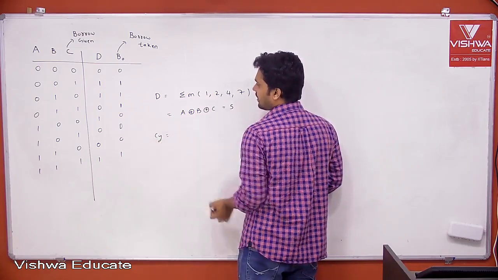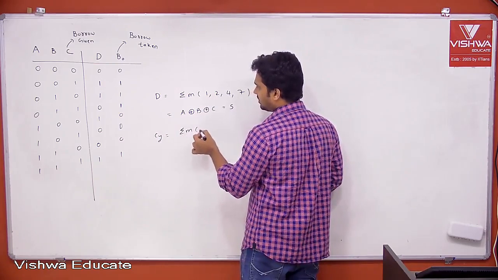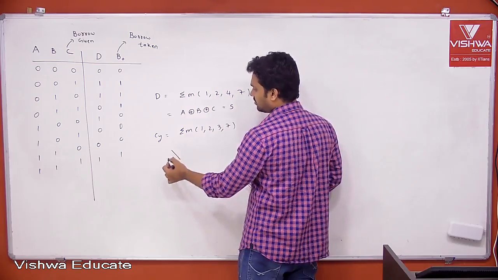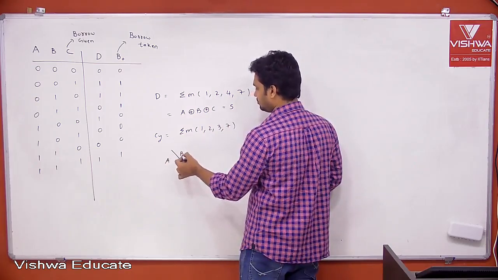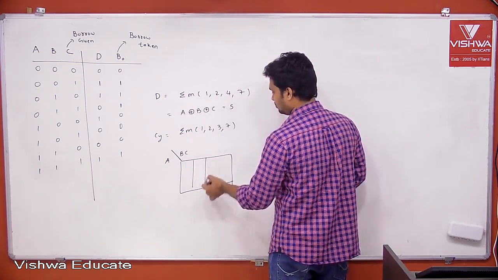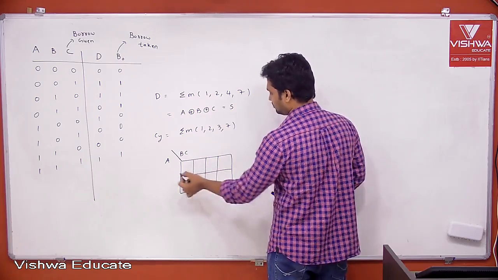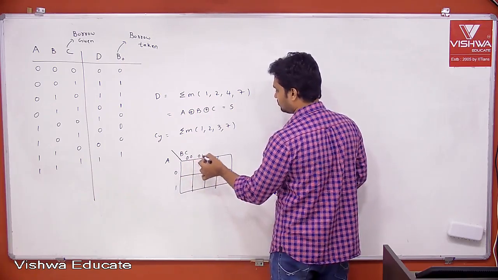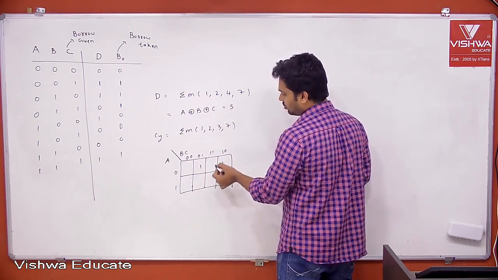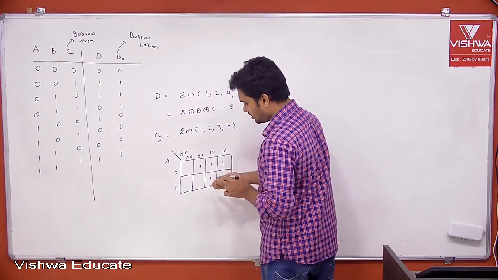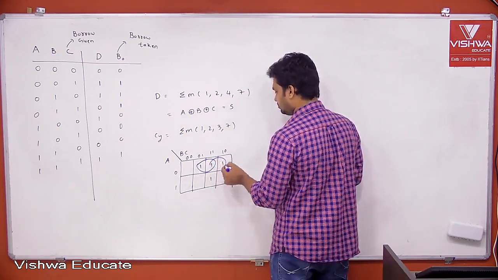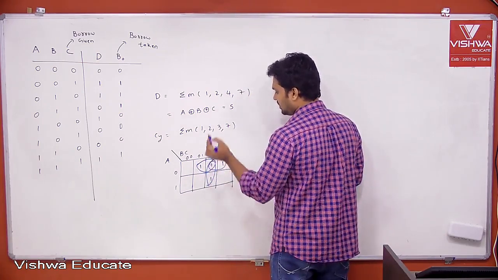Borrow is the sum of the min terms 1, 2, 3, 7. Let us make a K-map. Sum of the min terms 1, 2, 3, 7. Now see here. You can make 3 pairs.